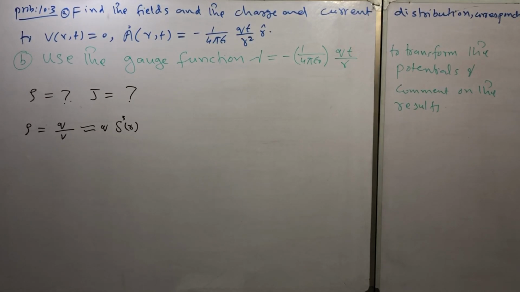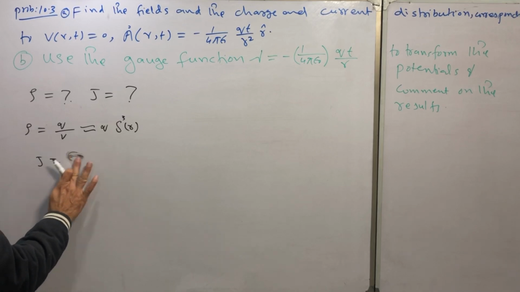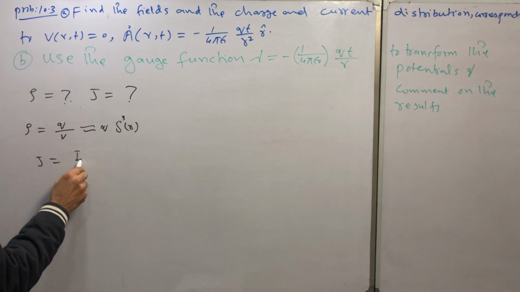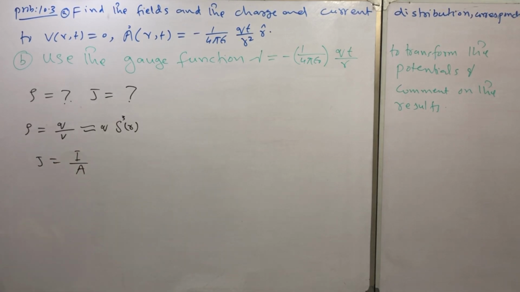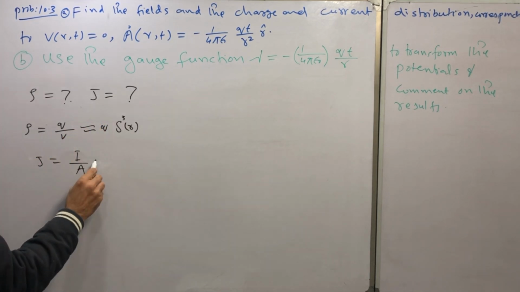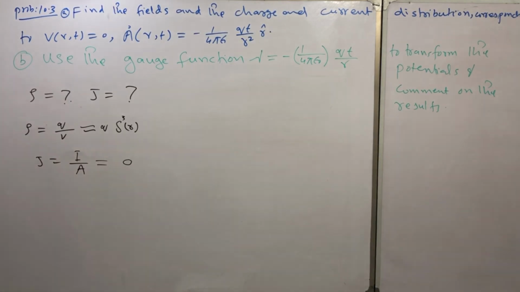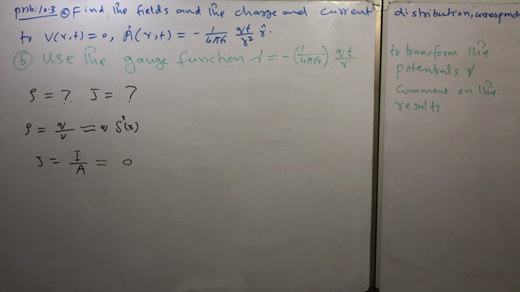So this is the charge density. The current density is current per unit area. Since this is a point charge, there is no current, so J will also be equal to 0.